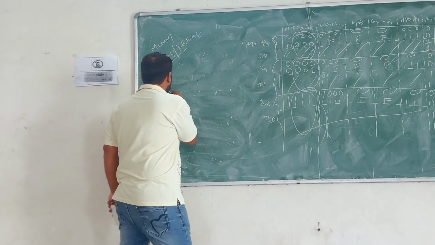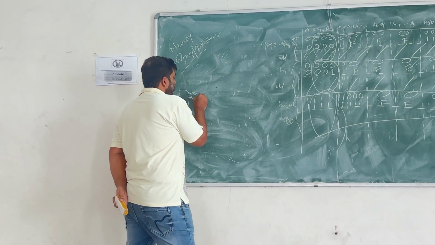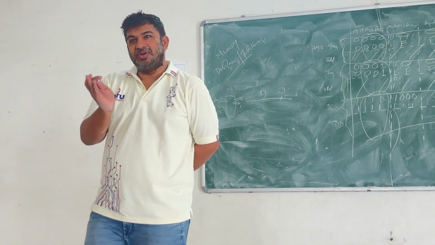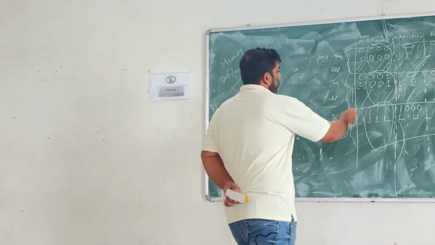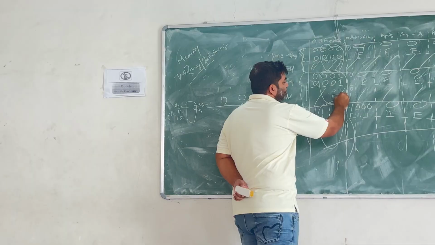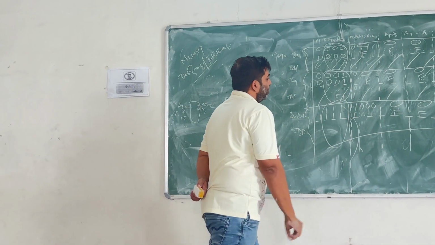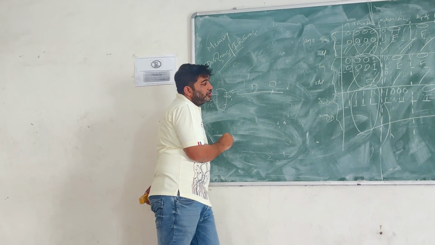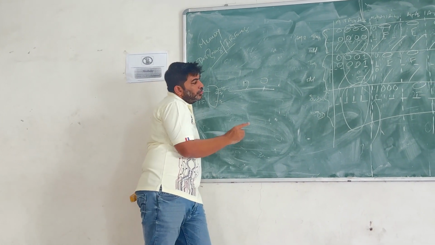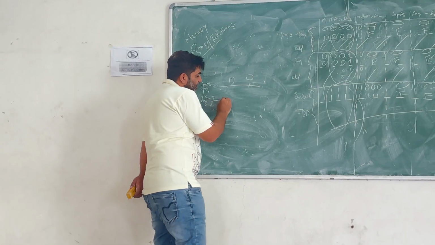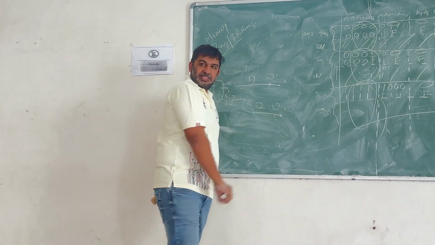So for Y0 also and for Y1 also, the same bank will get selected. Same way, 0, 1, 0 and 0, 1, 1. So 0, 1, 0 is Y2 and 0, 1, 1 is Y3. So in both these cases, your RAM2 will get selected.